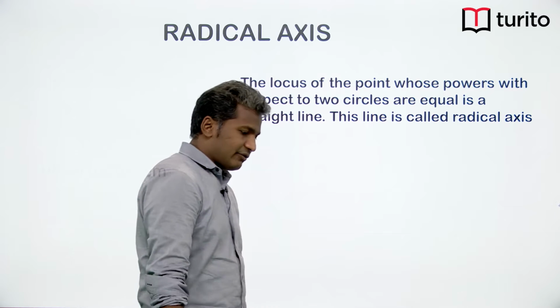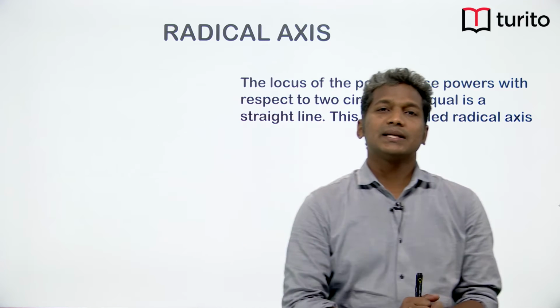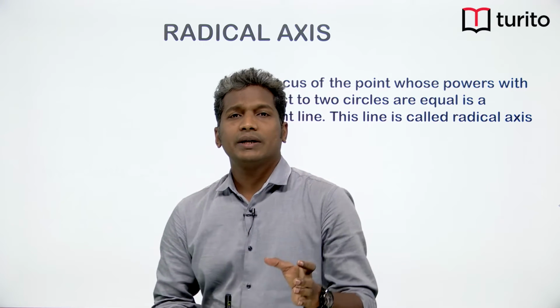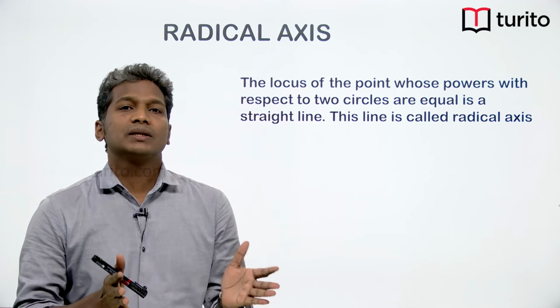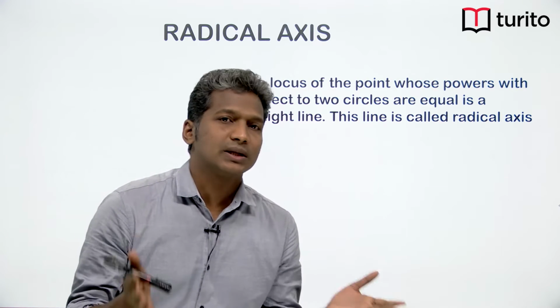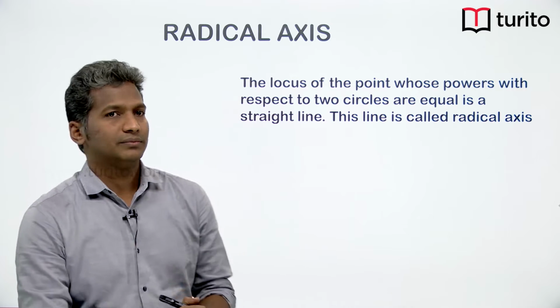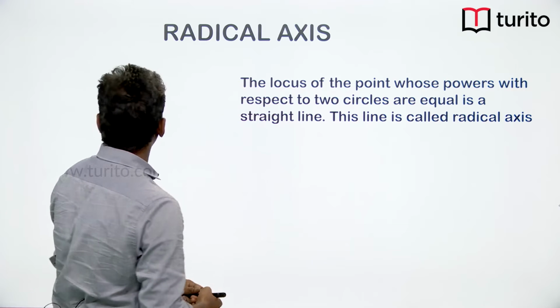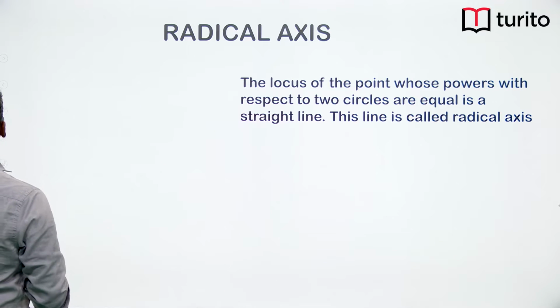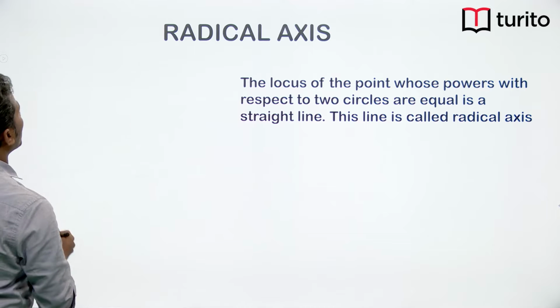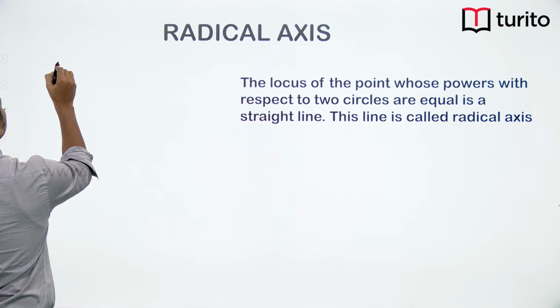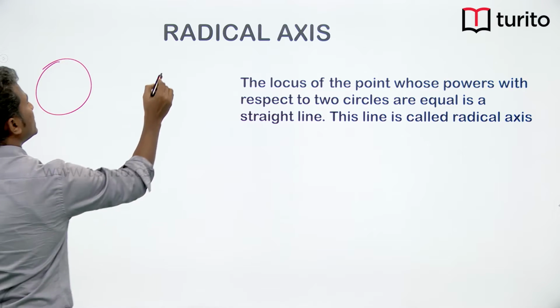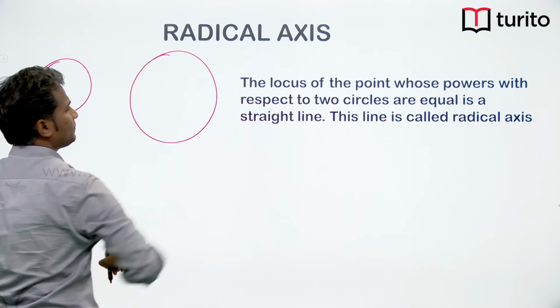So, first we can define the radical axis as a locus of a point whose powers with respect to two different circles are equal. For example, let us say we take two circles. Let us say there is one circle here, there is another circle here.